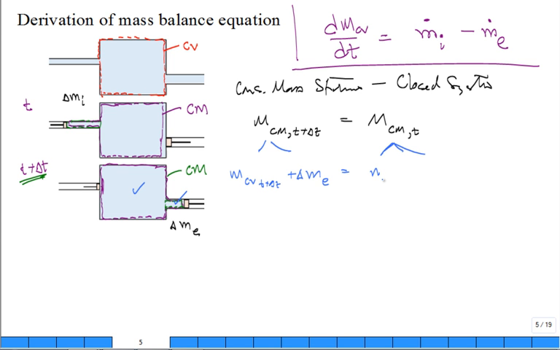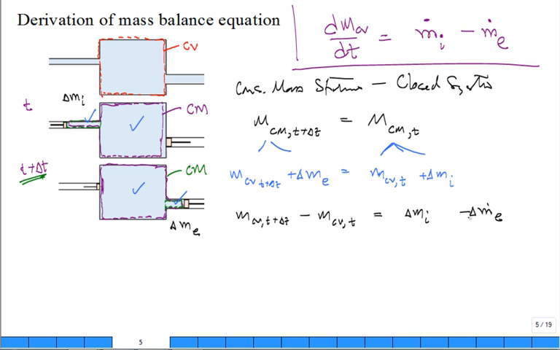The mass in the control volume at time t, that's this part, plus the mass that's about ready to flow in, this part. Then you rearrange them, so you get the mass in the control volume at t plus delta t minus the mass in the control volume at t equal to how much mass came in minus how much mass went out.